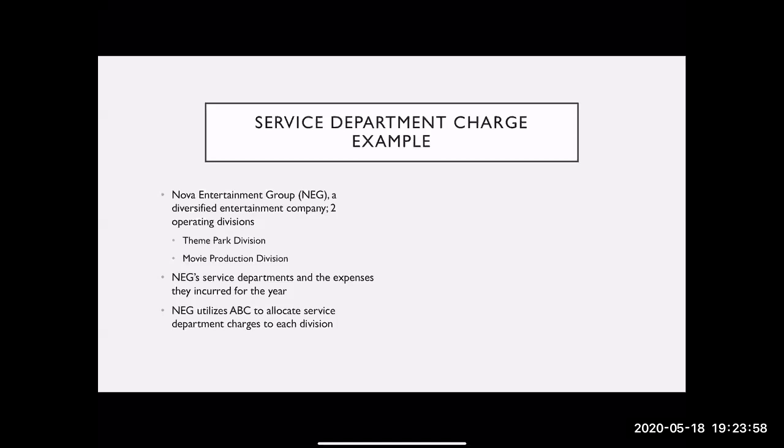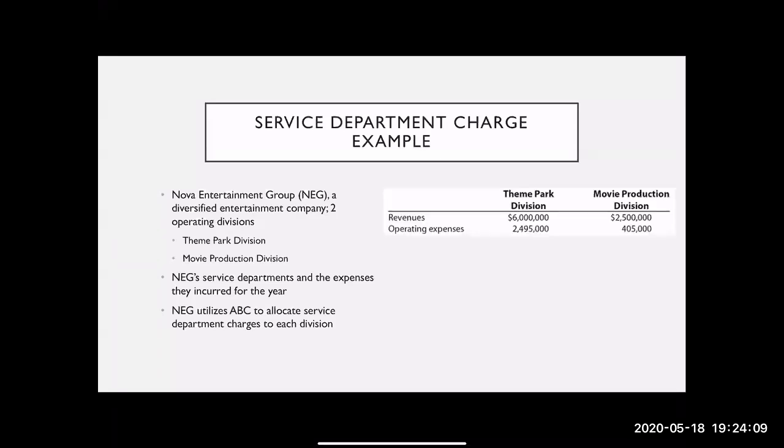So anyways, moving on. NEG's or Walt Disney's service department, and the expenses they incurred for the year, is as follows, right? And so NEG utilizes ABC. What's ABC? Does anybody remember a chapter that we covered talking about ABC? Hopefully you said chapter 4. And chapter 4 was all about activity-based costing, right?